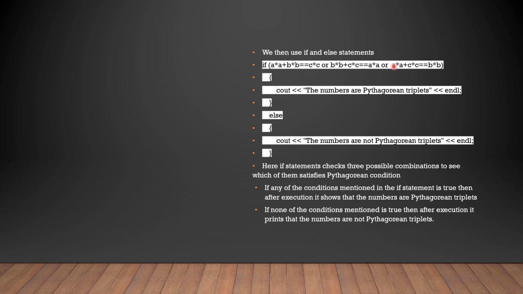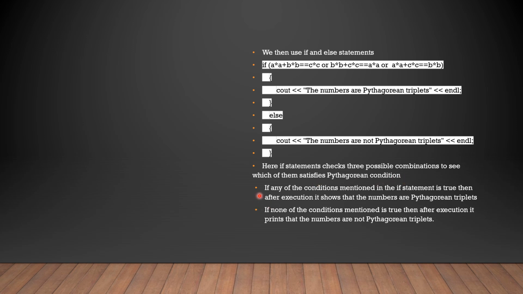This condition checks whether the numbers a, b, c form a Pythagorean triplet. A Pythagorean triplet satisfies the equation a square plus b square equal to c square, or any permutation of it, which is expressed here. So here, the if statement checks three possible combinations to see which of them satisfies the Pythagorean condition.